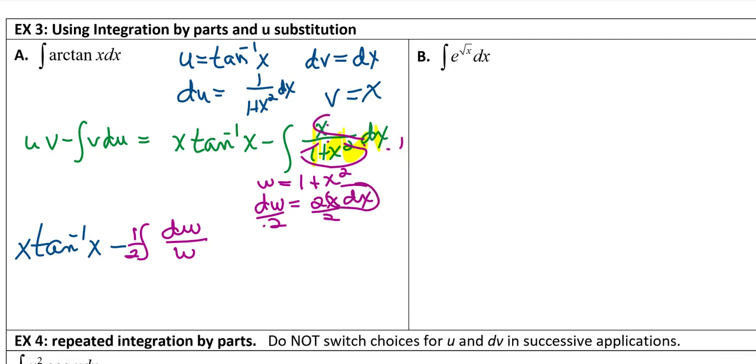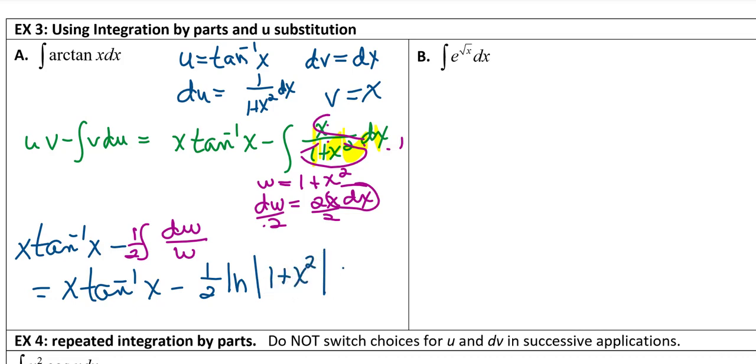Okay, so that's pretty easy to integrate. That's just our ln of w. So our final form becomes x inverse tangent of x minus 1/2 of ln of, and I'm going to substitute our w in there, which is our 1 plus x squared, and then we have our plus c.